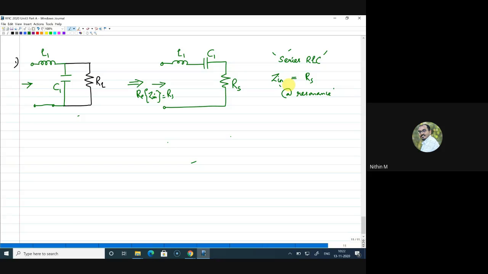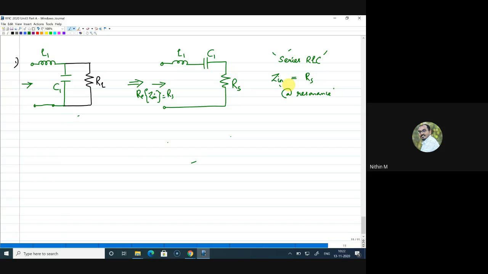We know that capacitors will act as open for low frequency, but inductors will act as short. And again, for high frequency it is the other way, right? But somewhere in the middle, at one particular frequency, or for a very narrow range of frequency, the inductive reactance will be cancelled by the capacitive reactance, and that is how we say a series RLC network is in resonance.